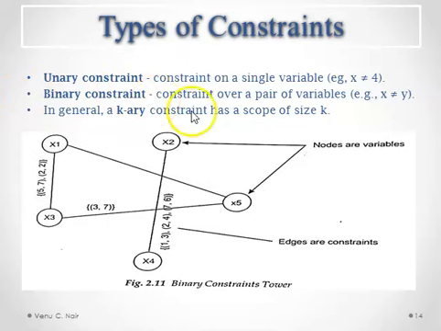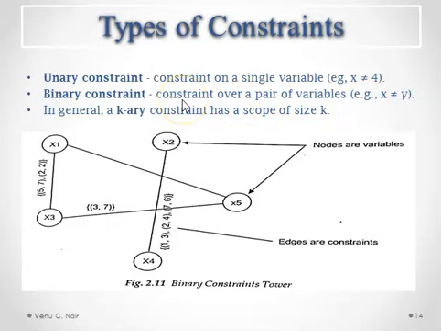If we are considering only a single variable, then we call it a unary constraint. Suppose we are considering only the variable x, and we are saying that the value of x can be anything except say 4 or 7. So x can take any value, it should not be equal to 4 or 7.